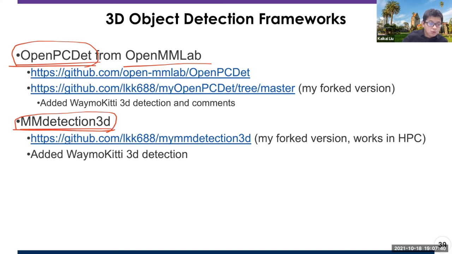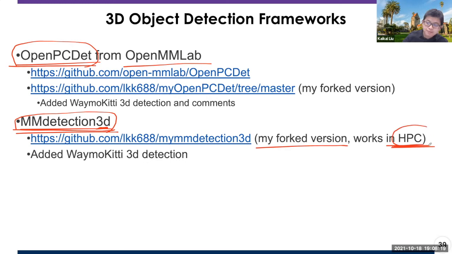I also have a fork of my own version, with some changes. First, MMDetection is very hard to install because you need to combine lots of CUDA libraries and packages, and lots of 3D operations. They have C++ and CUDA code that you need to compile into the library. It's pretty hard, so you can use my forked version. The original version does not work on our HPC, but my forked version works on our HPC.